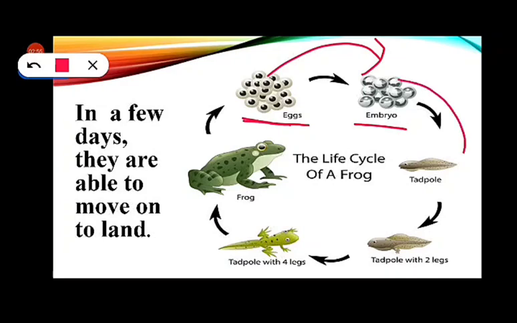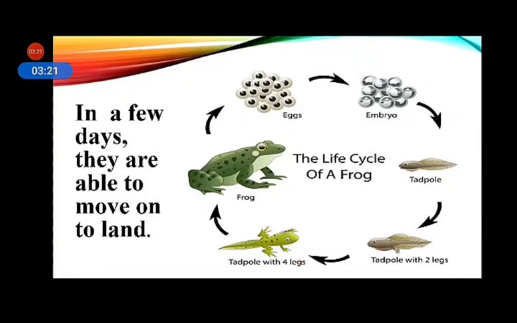From embryo, tadpole come. Then tadpole grow and two legs are coming out. Then tadpole with 4 legs. Then finally adult frog grow from the tadpole. So this is the life cycle of a frog.